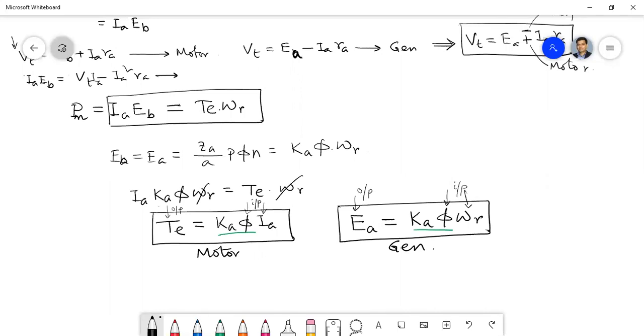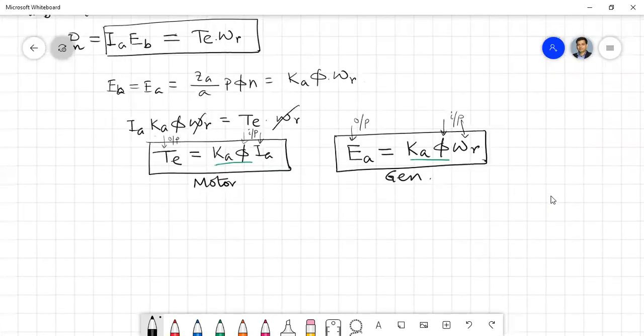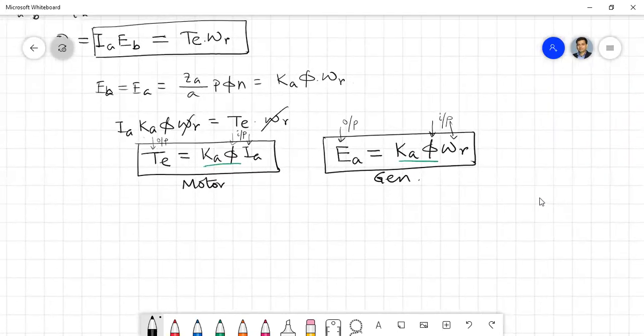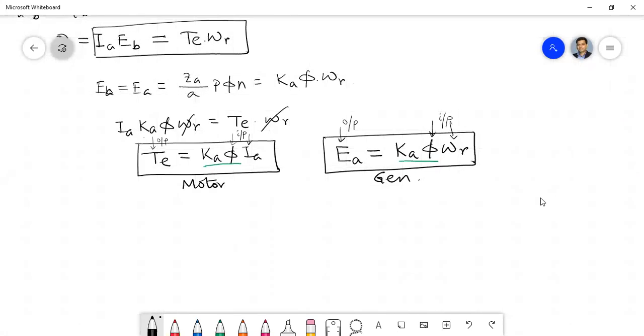That is very important. If you forget everything, at least if you remember Fleming's left hand rule and right hand rule, from that you can write these expressions, because in both cases the constants are the same, and that is given by Ka. Ka is Za by pi into A. A is the number of parallel paths, that is the constant parameter for any machine, and Za is the number of armature conductors. Clear?